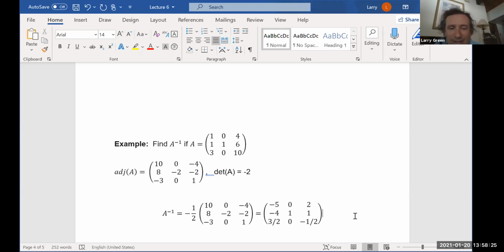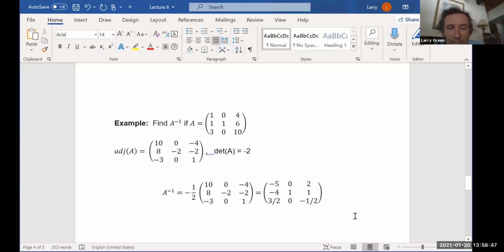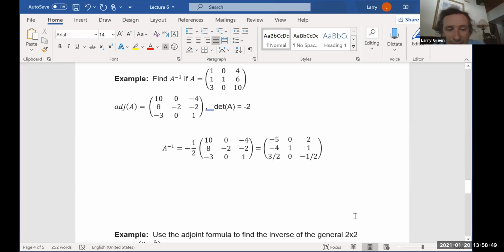It doesn't even look anything like this, but you get the same answer. Any questions at all on this particular example? Okay, so now we're at the point where we have 3 different ways of finding an inverse, depending on which is easiest to use. Okay, now let's move on.